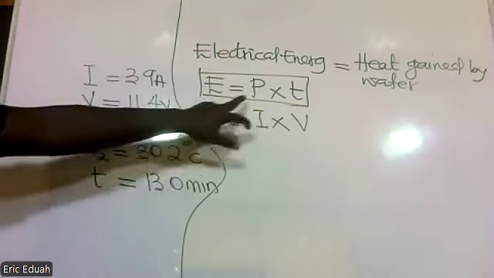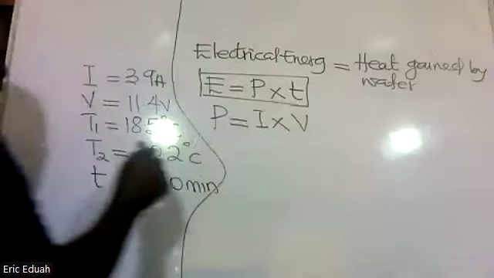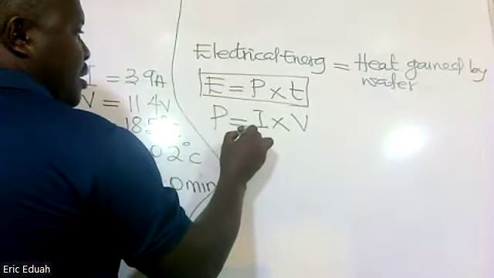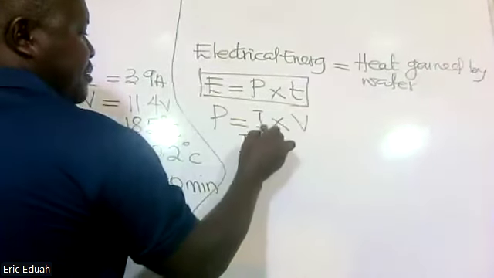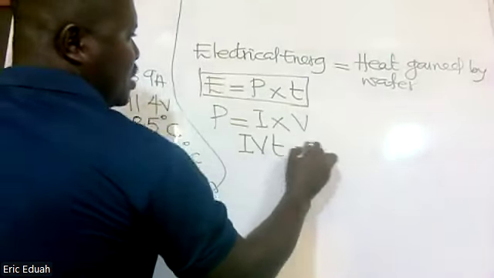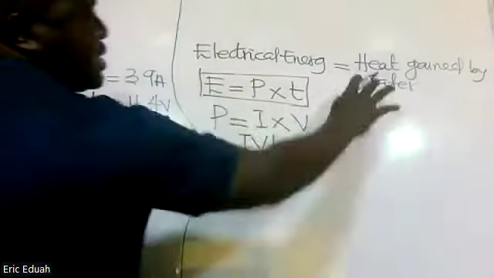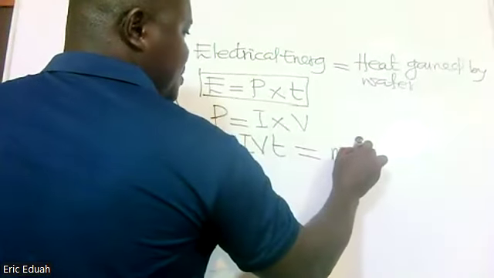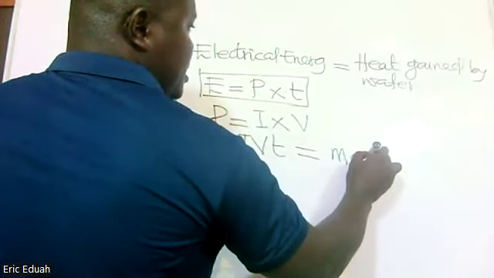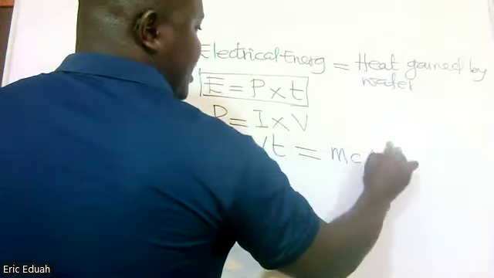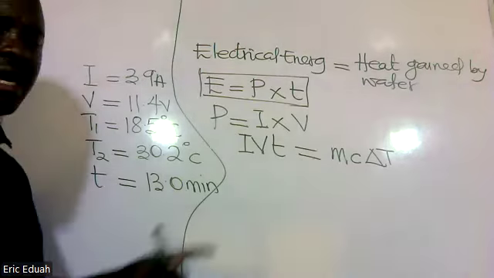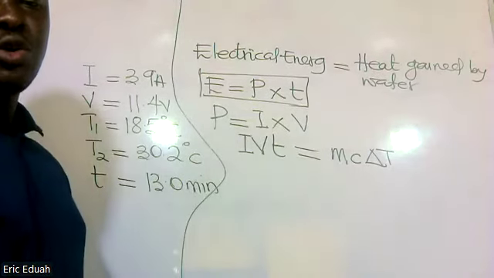And so we can calculate for P, meaning that the electrical energy, which is I times V times T, must be equal to the heat gained by water, which is MC delta T. So understanding this, you are good to go.